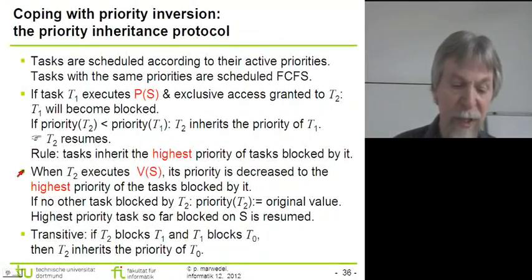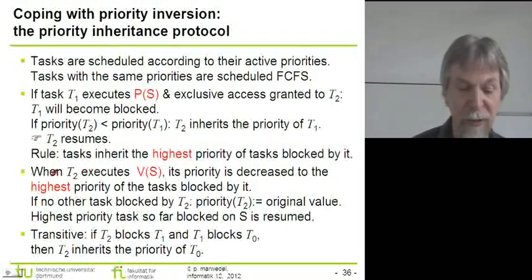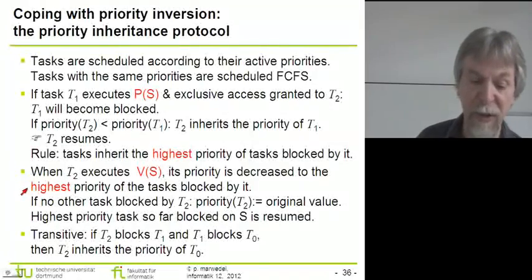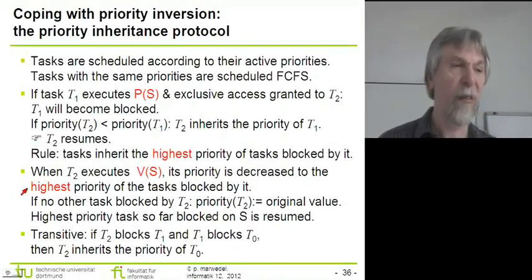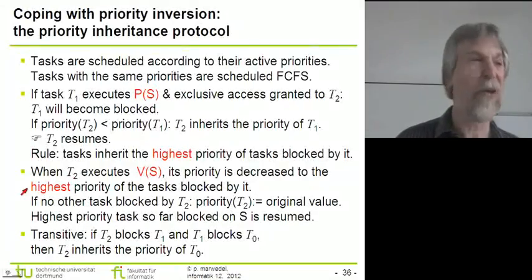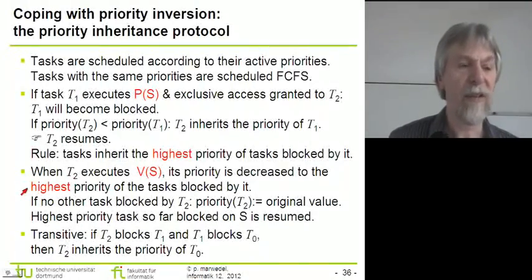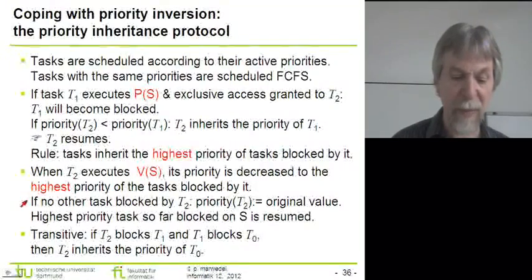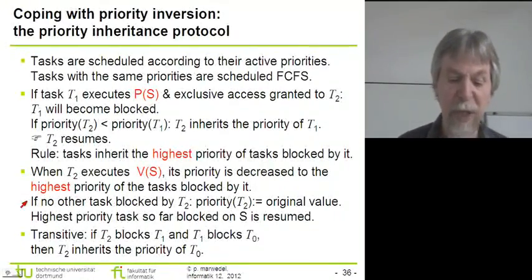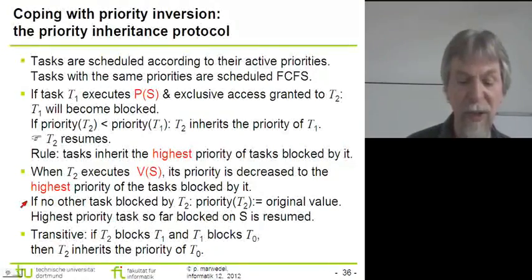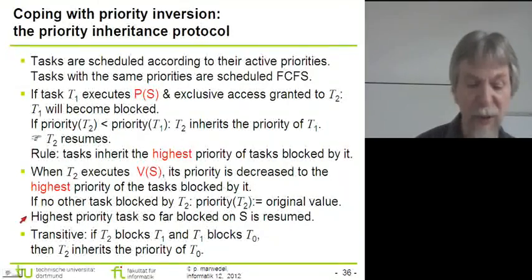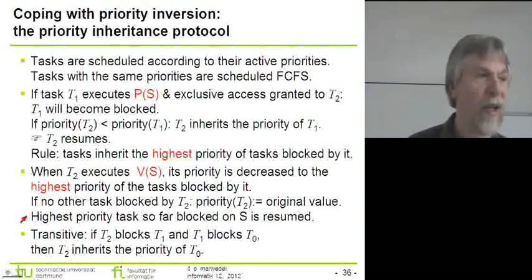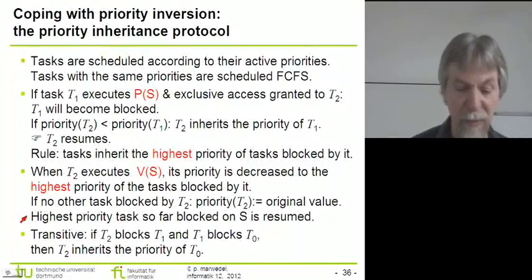Whenever some task T2 executes a V of S operation, its priority is decreased to the highest priority of the task blocked by it. It could happen that a particular task for which we have raised the priority is no longer blocking other tasks, and then of course we have to decrease the priority. So if no other task is blocked by a particular task, then we are decreasing the priority to the original value. And in any case, the highest priority task among all the executable tasks is then run.